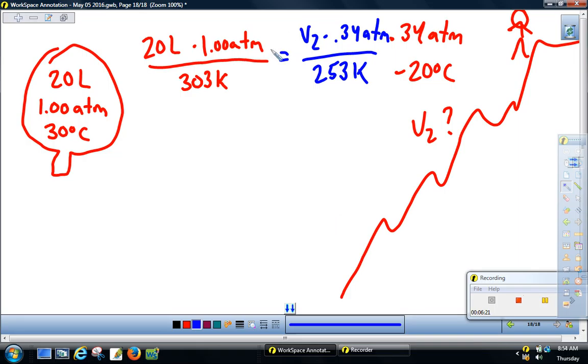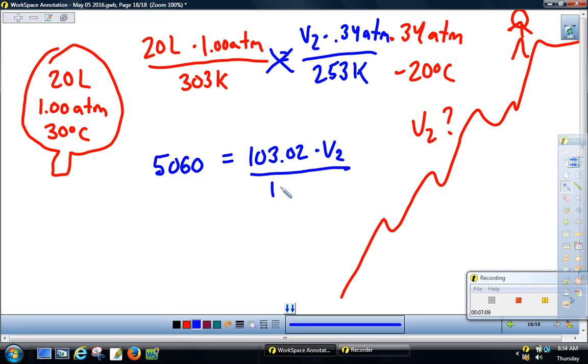So once again, cross multiply 20 times 1 times 253. This is 20 times 253, which is equal to 5,060. And that is equal to 303 times 0.34, which is 103.02 times the final volume.